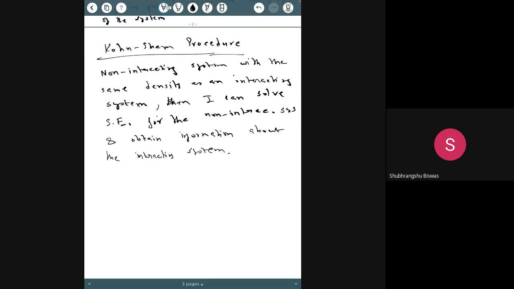So the Kohn system is basically like the Hartree-Fock system. The only difference is that in Hartree-Fock you have a fixed Fock operator for all the systems that you handle.